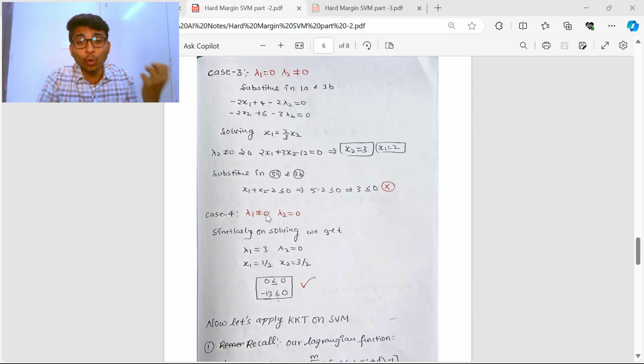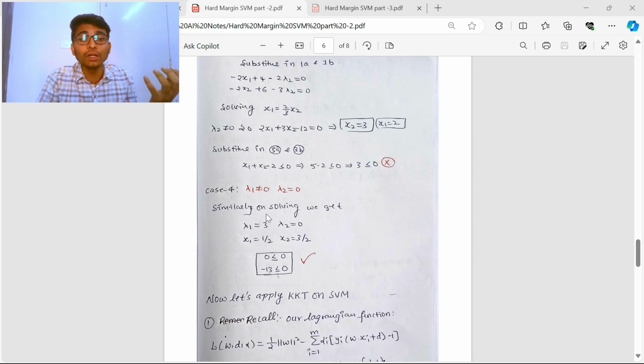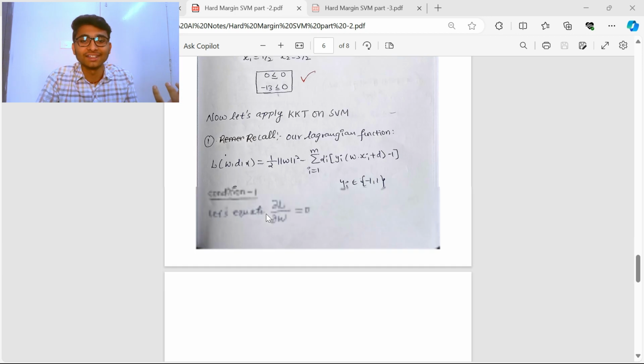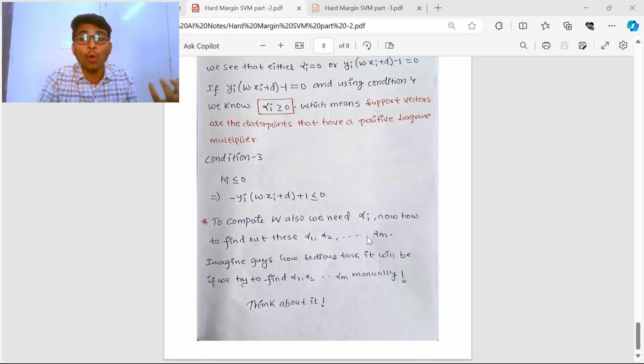For getting two Lagrange multipliers, we solved four cases, right? Then imagine, guys, we want m alphas. If we want to solve this task, it will be very tedious to solve manually.